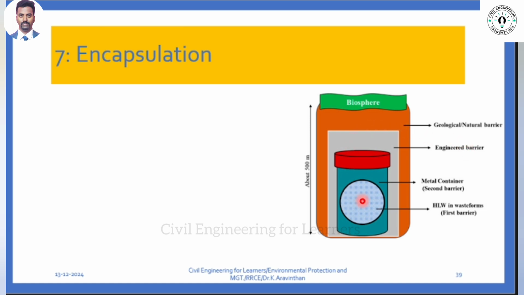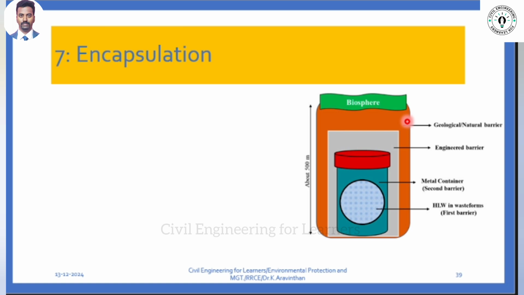Inside the metal container you have a second barrier. Again a small container will be there. Inside that you will have HLW in waste form as the first barrier. So how many containers do you have? 1, 2, 3. For a single radioactive element you have 3 types of container, then they will capsule.